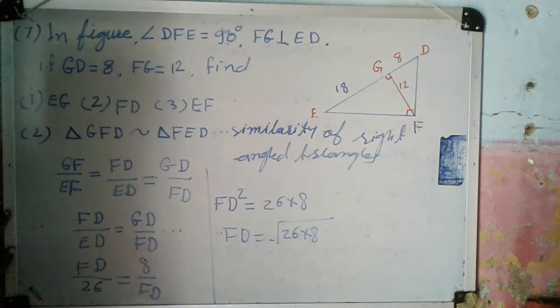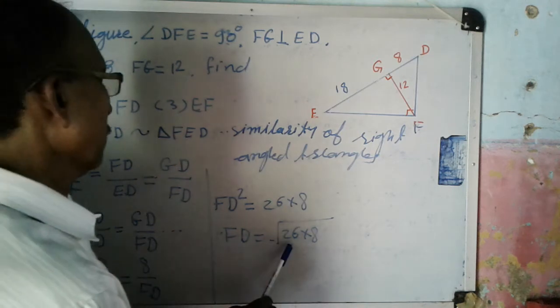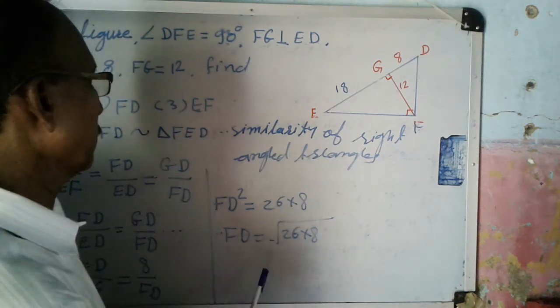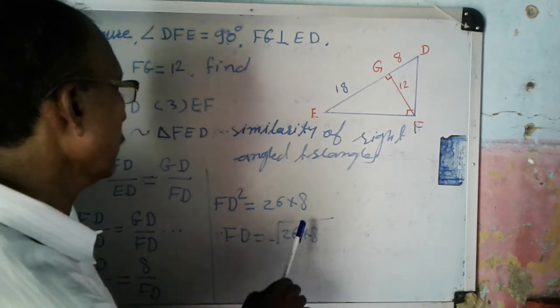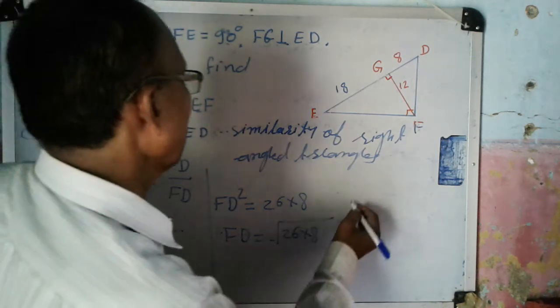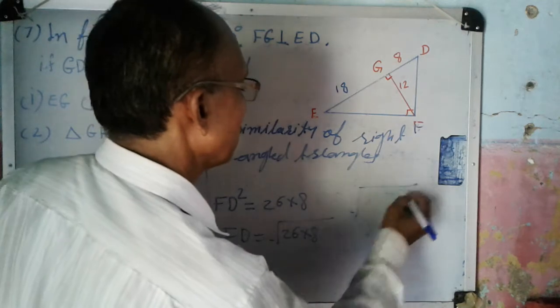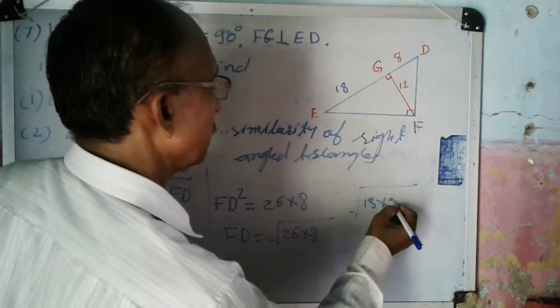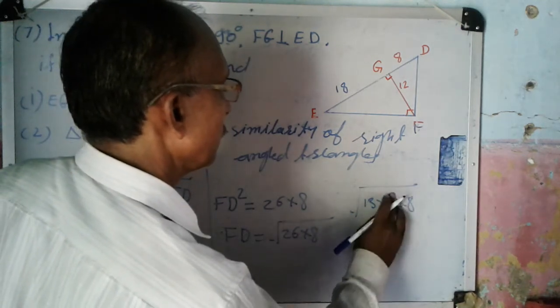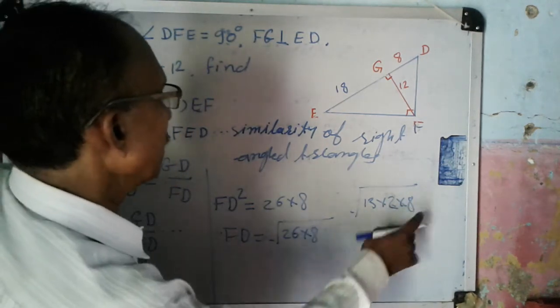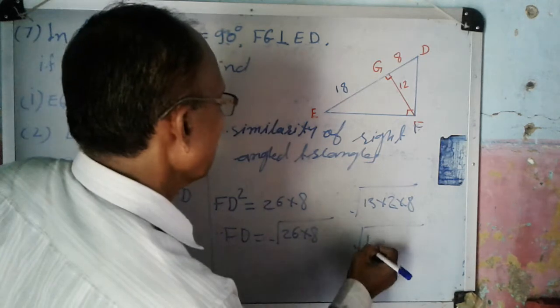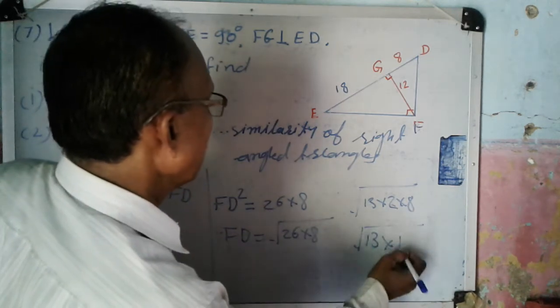Now this 26 we can write 13 into 2. 13 into 2 into 8. Now again we can write 2 into 8 as 16.